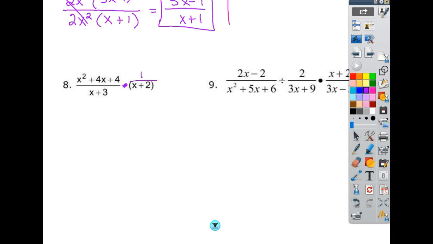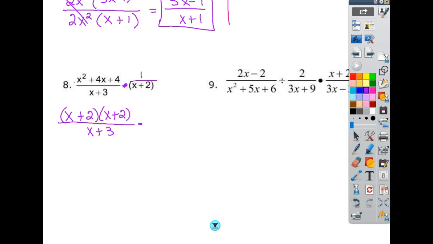Okay, so how does this one factor right here? x plus 2, x plus 2. I had somebody last period using grouping to do all the problems like this. You don't have to do that, guys. Don't waste your time doing grouping when they don't have a leading coefficient here, a number here, okay?